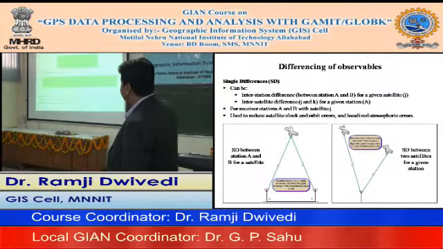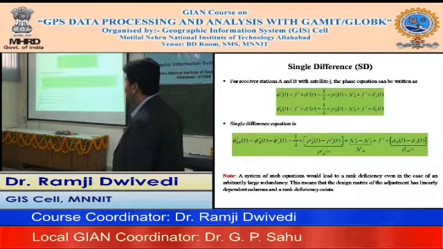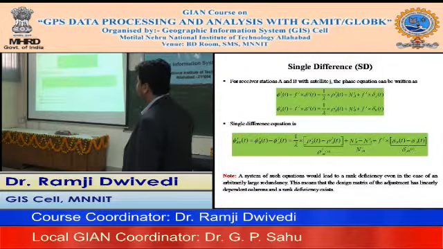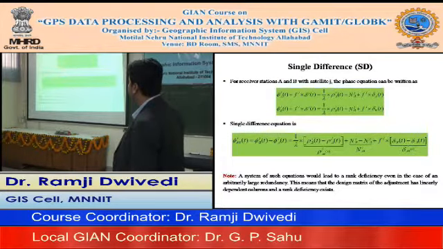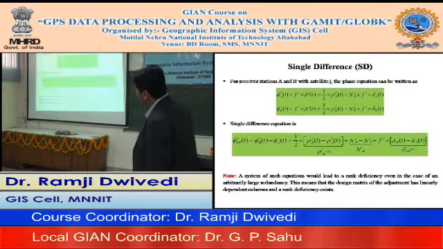So single difference, again a straightforward equation: the phase measurement at station A with respect to the jth satellite, and the term obviously with respect to the satellite clock offset; the right hand term is very clear. You have one equation with respect to the jth satellite, and another equation for station B with respect to the jth satellite, and what we are doing is differencing these two equations.